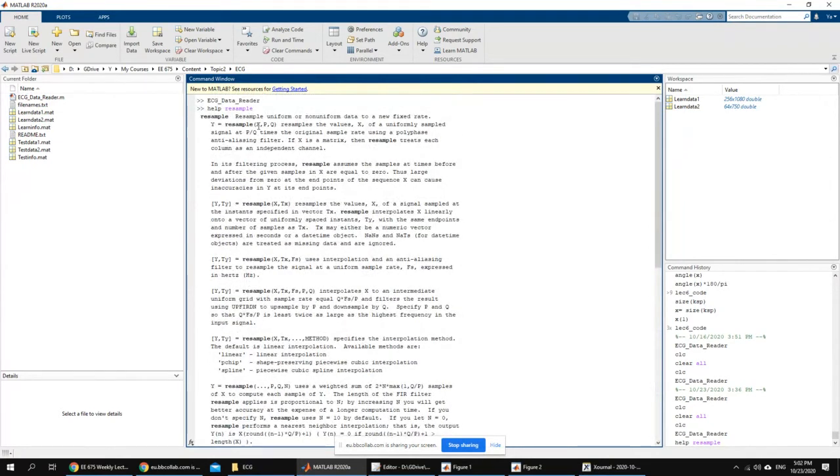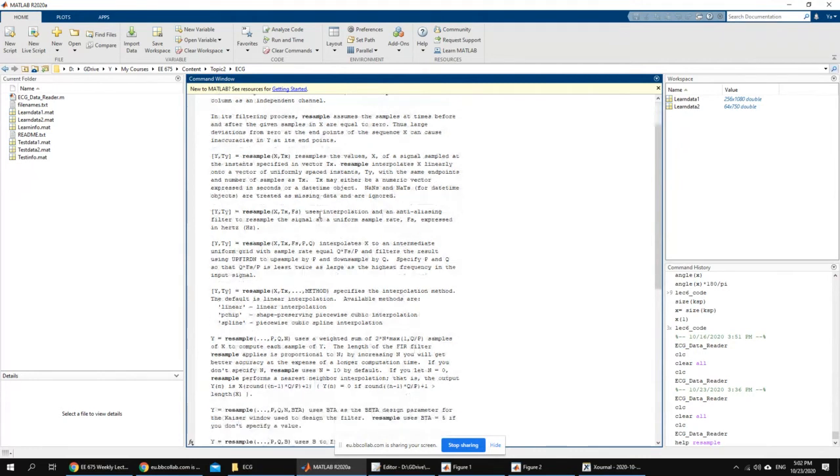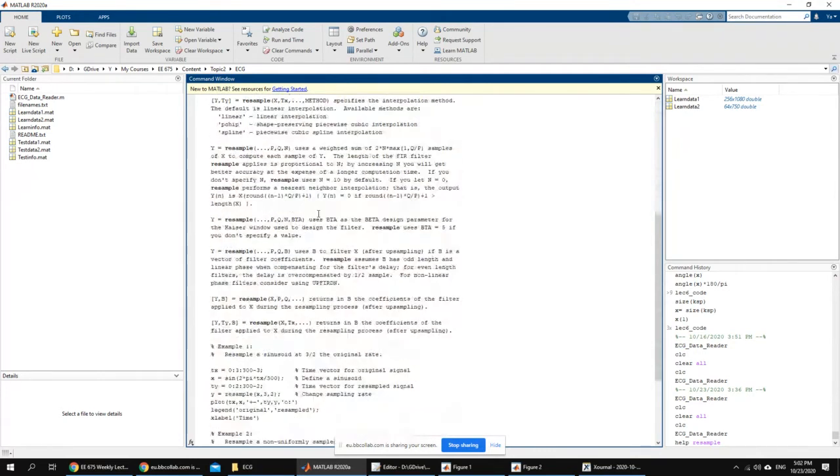Resample X, the signal, P and Q. This is the original sampling, or you want to resample using P over Q.